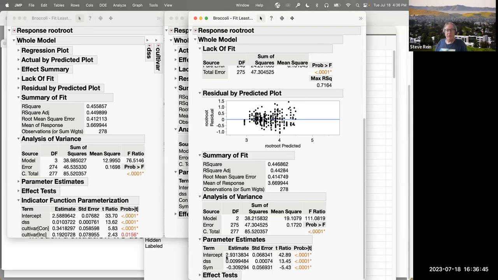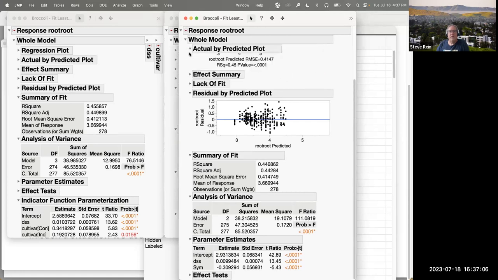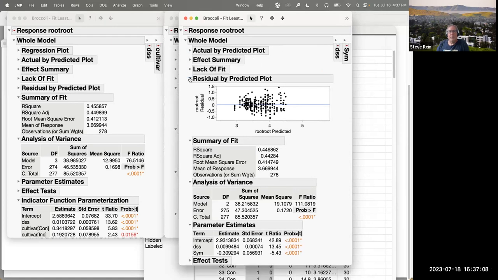Is this model about as good as the first one we fit? We're essentially wanting to compare the two models, and we can't do so exactly using any set of analyses other than by comparing this one and this one. So let's zoom in on the things that I think are probably important.